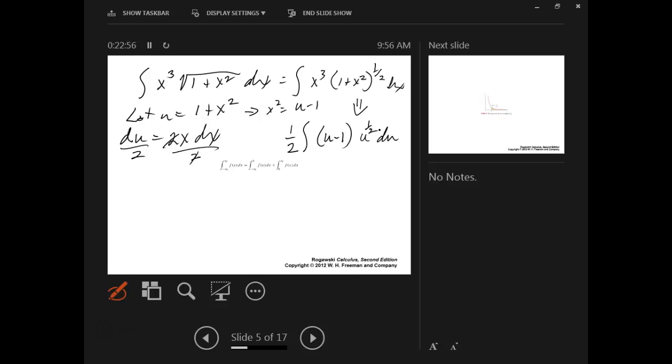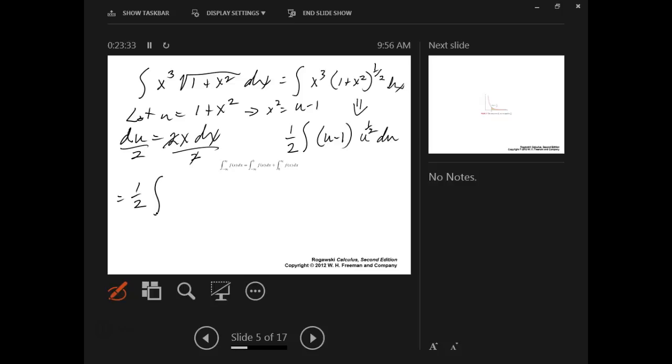What can you do from there? I'm going to sort of, hopefully this won't be confusing. The binomial here is under a radical. You can't distribute into a radical.